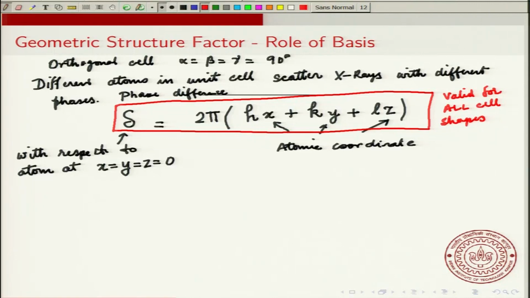It is most easily seen in the case of orthogonal cells, but this is in general valid for all cell shapes.